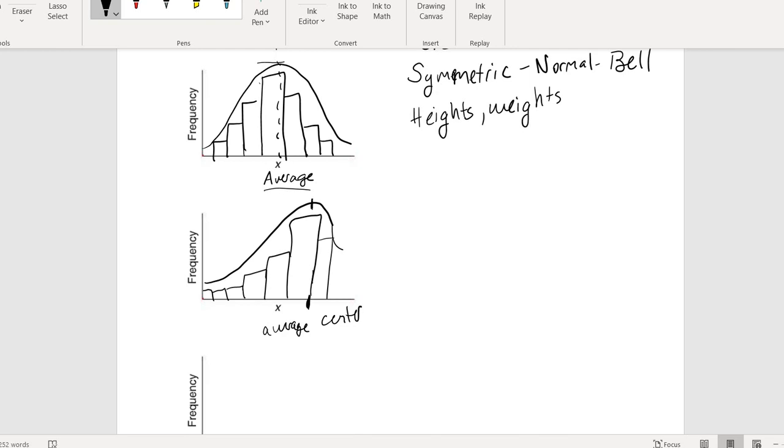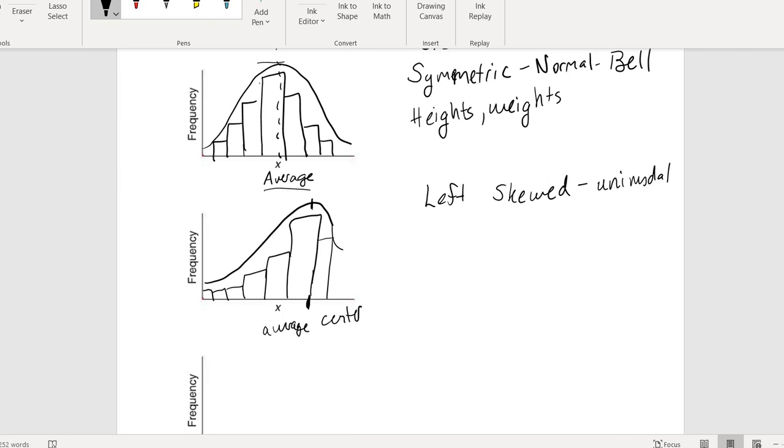What this is called is left skewed. The reason it's called left skewed is because the average is to the left of the center. It is also still called unimodal.